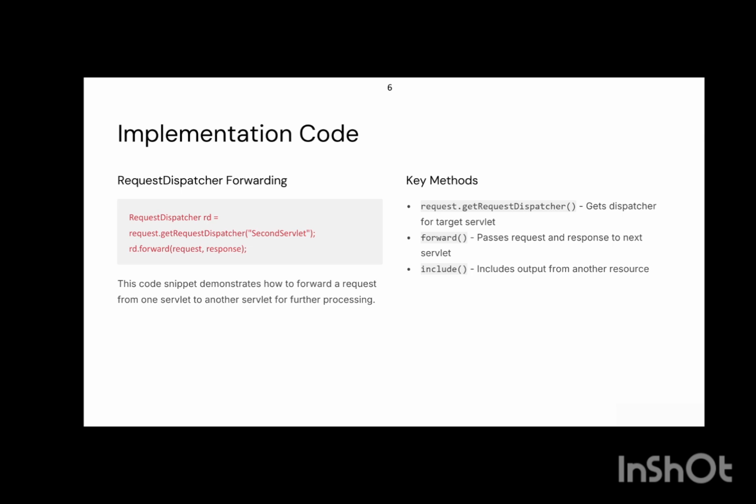Example: RequestDispatcher rd = request.getRequestDispatcher of second servlet, rd.forward(request, response). Another method is include, which includes output from another resource without full forwarding. These methods are commonly used in Java web applications.